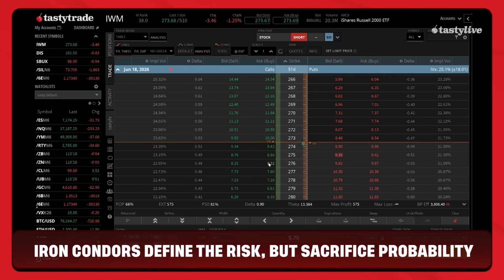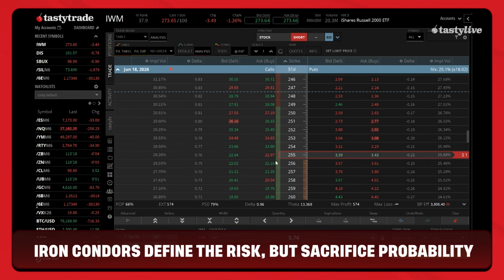So we have our strikes set up the same way that we had them set up with the strangle. You can see I've got a 255 put and a 295 call. What I'm going to do here is go ahead and buy some wings on both sides of that strategy to turn it from an undefined risk strategy into a defined risk strategy.